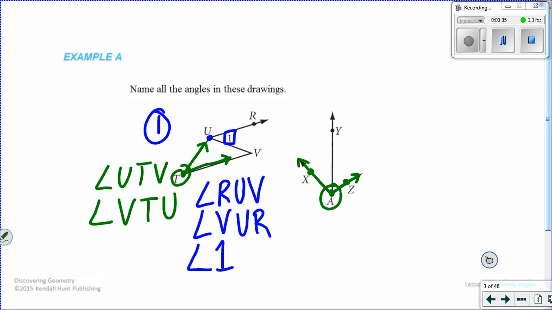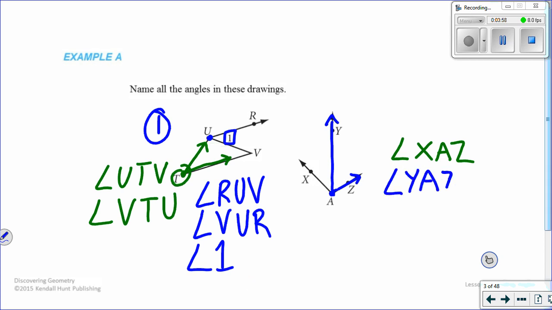Here's my vertex, so I'm going to say angle X, A, Z, or I could go backwards and say Z, A, X. Now if I want to name another one, not the larger angle, but maybe this one, I'm still going to use A as the vertex. And I could say then what? Angle Y, A, Z. Right? Again, vertex named in the middle of your angle.